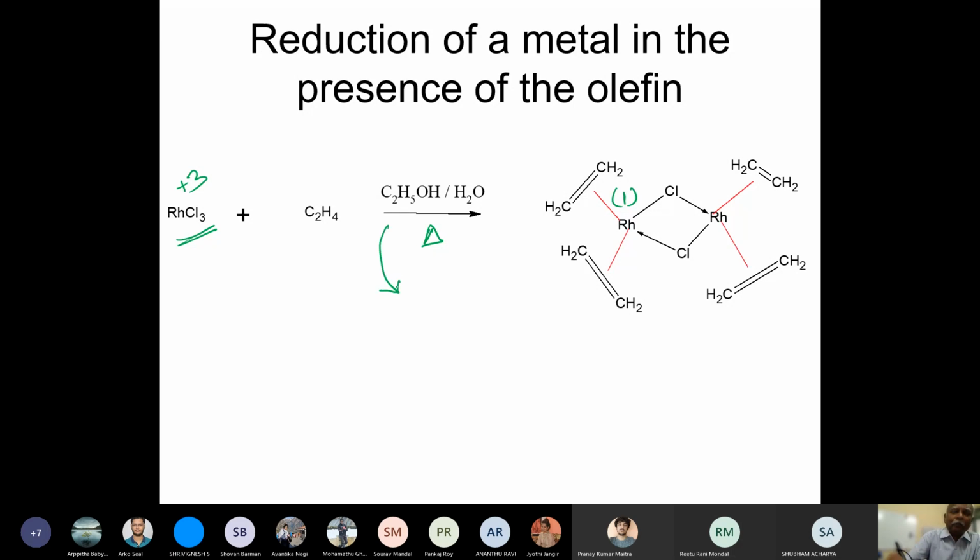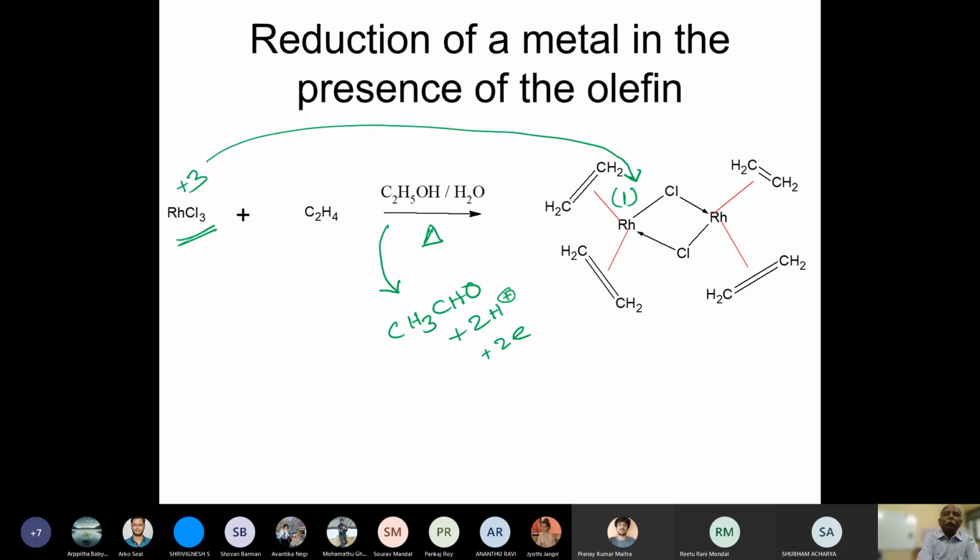Ethanol gets converted to CHO, and rhodium gets converted from plus 3 to plus 1. This is basically plus 2H plus 2E. If you want to write it, 2H plus plus 2E.